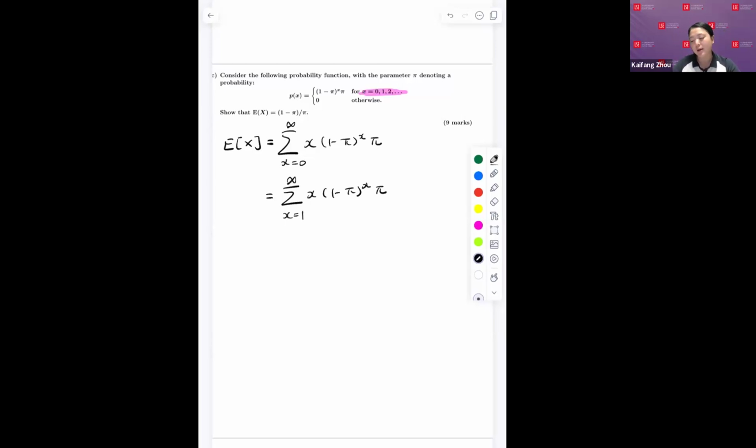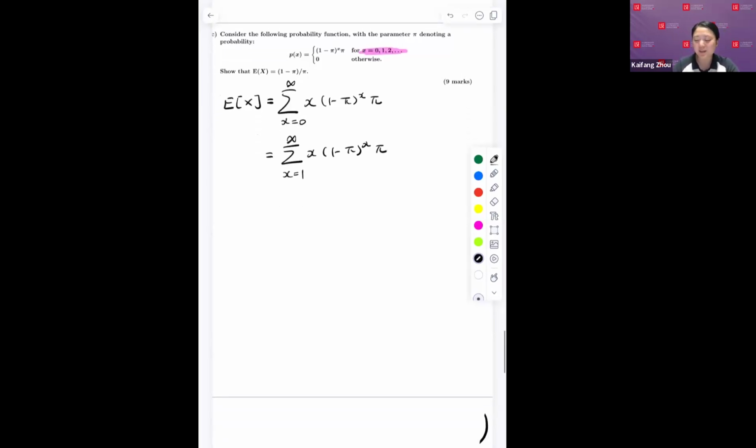Okay, and then the next step is a very classic trick. From our original question, the possible values of x start from 0.